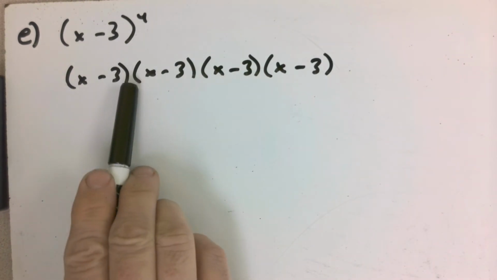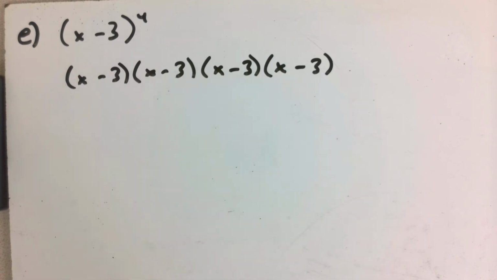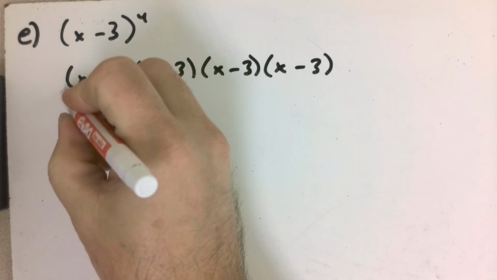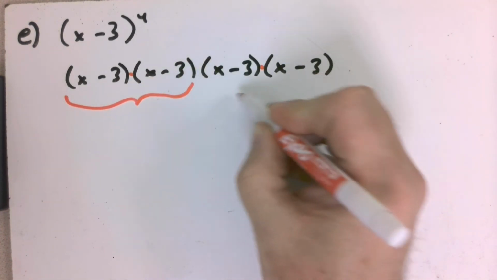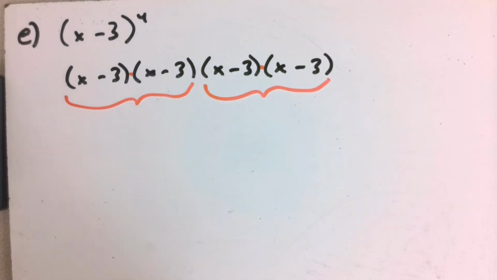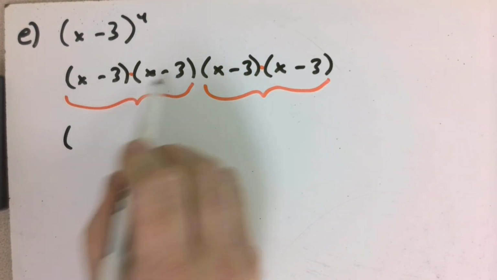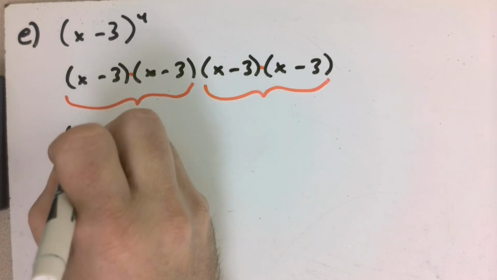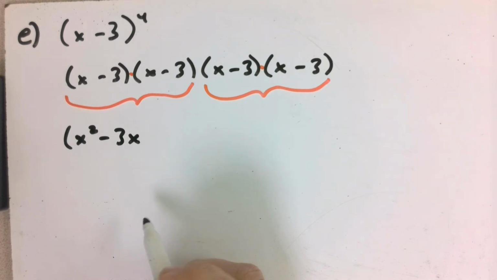So as you go through and do this problem, there are 3 multiplications that you're going to have to do. One here, one here, one here. Multiplication is commutative. You can do them in any order that you want. If I were doing this problem, I would do this multiplication and this multiplication in my first step. If I multiply this out, x times x is x², and x times −3 is a minus 3x.